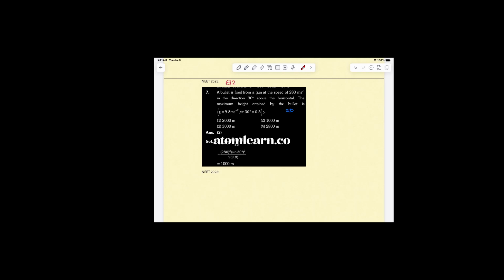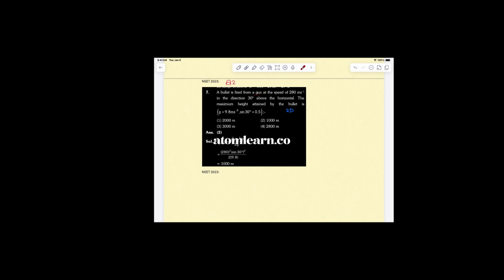Okay, having said that, we will go through this question first. A bullet is fired from a gun at the speed of 280 meters per second in the direction of 30 degrees above horizontal. That means u is given as 280 and theta is given as 30. What is asked is maximum height, h.